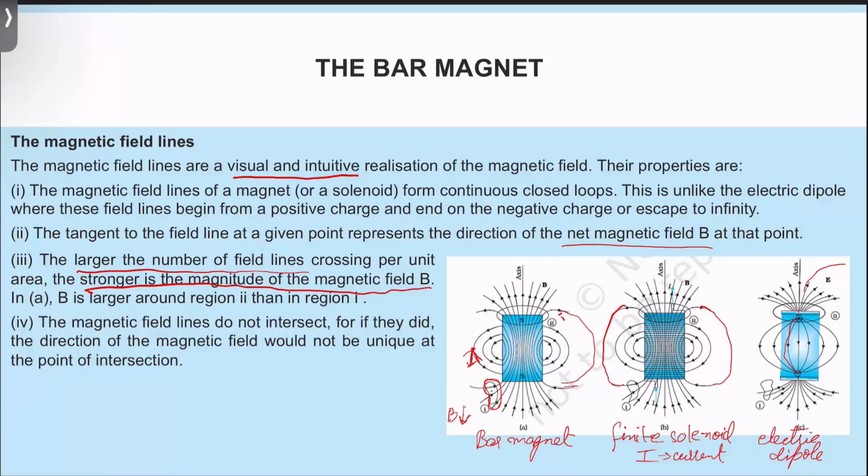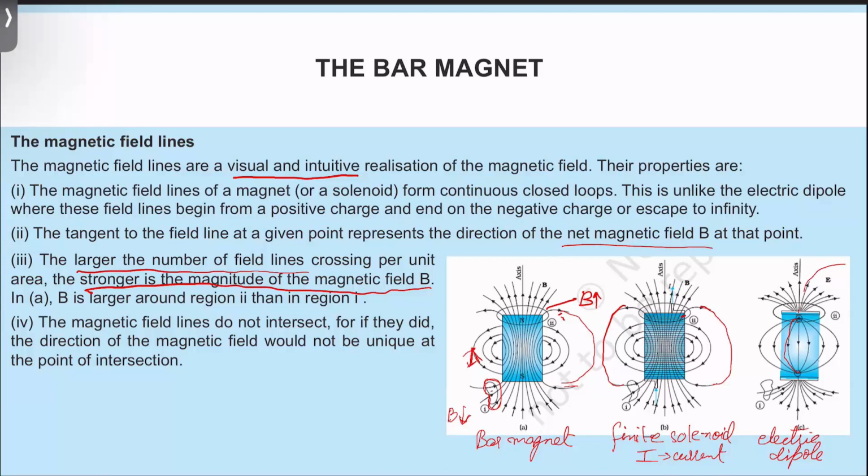But over here in this region, B is going to be more. Similarly for the solenoid, the number of field lines crossing through region 2 is more than region 1.